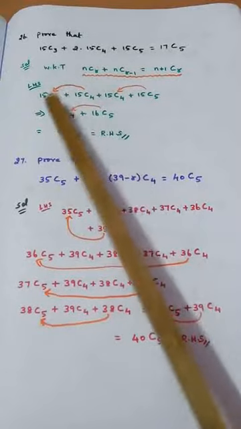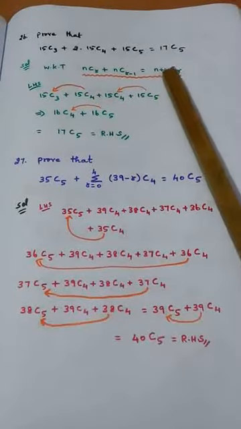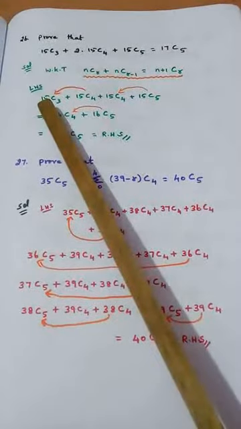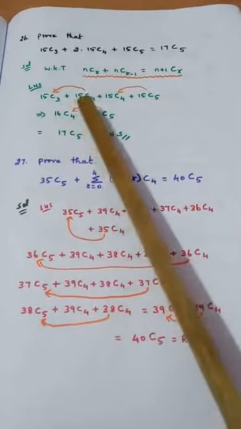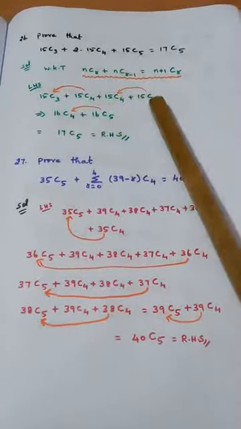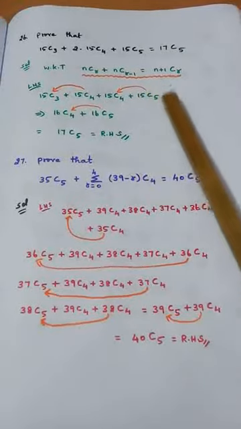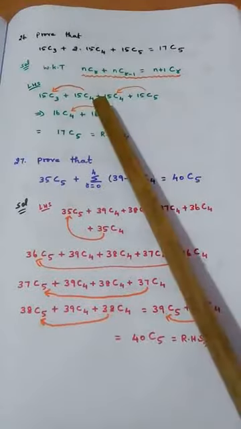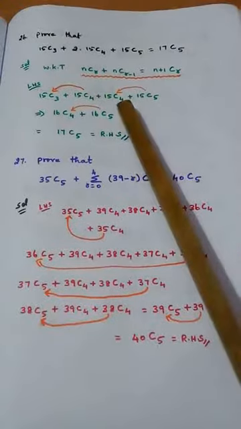So when I combine these two, what will happen? n plus 1 Cr. What is n? 15. So n plus 1 means 16, C, what is r? 4. In the same way you combine these other two. This is nCr, r is 5, this is nCr minus 1, 5 minus 1 is 4.